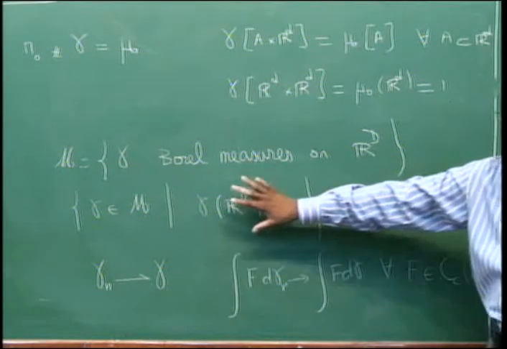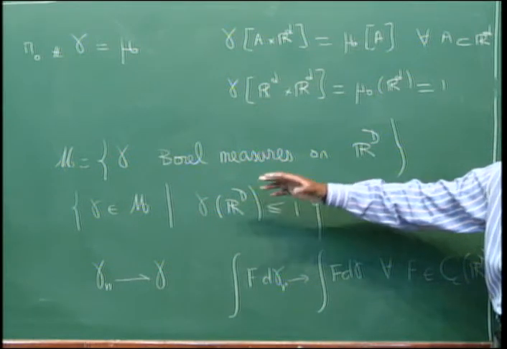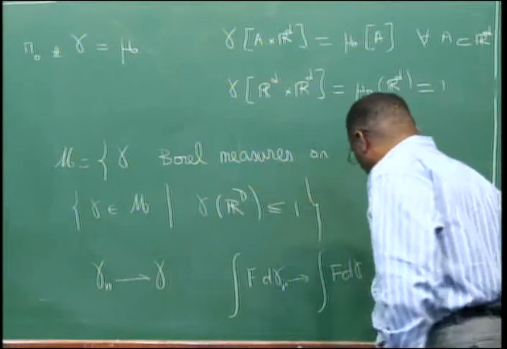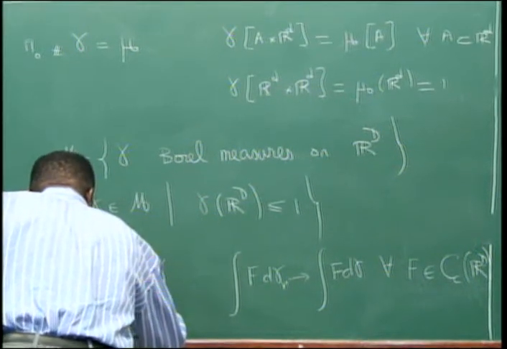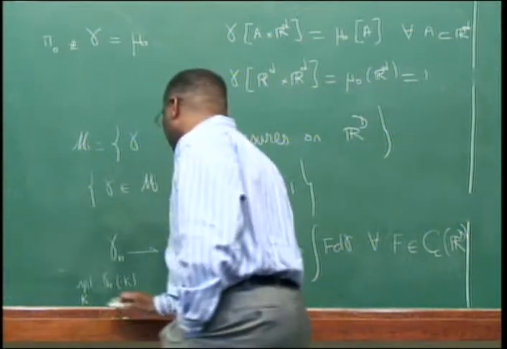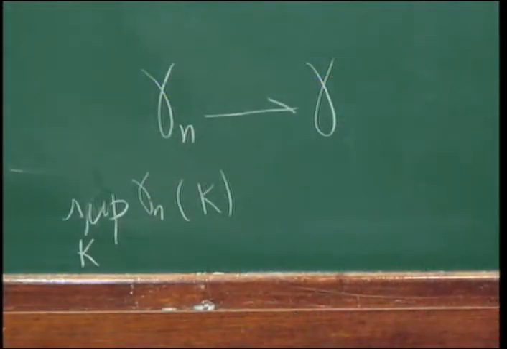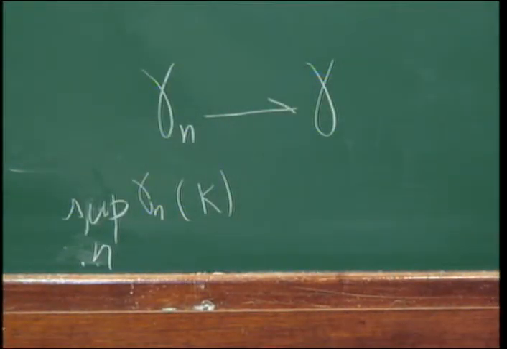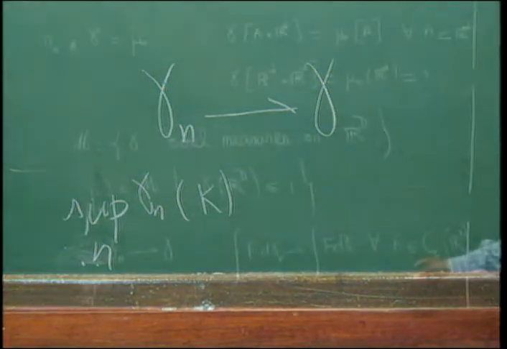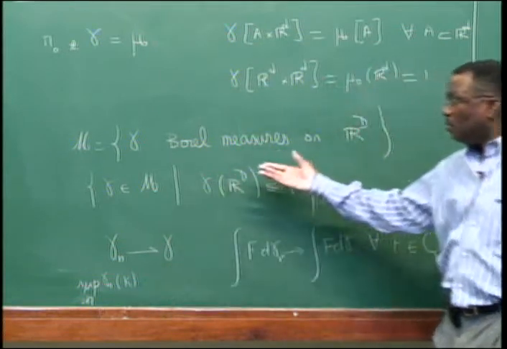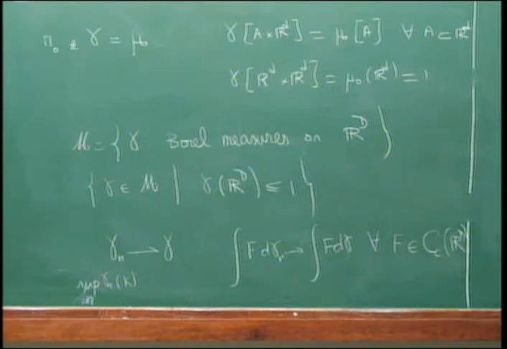And this remark that this set is compact is a particular case of a stronger result: if I take a sequence of measures such that the supremum over n of gamma n of K is finite for each compact K, a number depending on K, then I can extract a subsequence which is weakly convergent. In particular, if the total mass is less than 1, this is immediately satisfied. And so the comment I made earlier is just a particular case of that more general result.